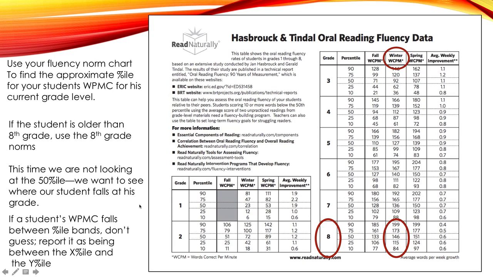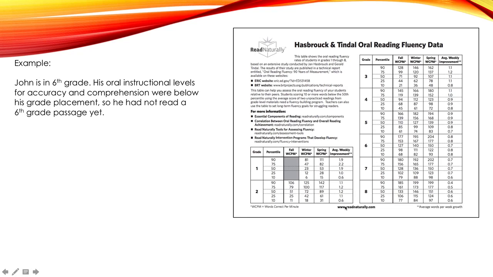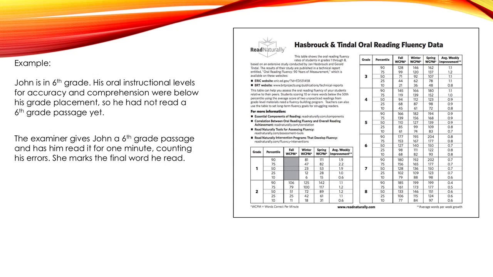So if where their fluency falls is between 2 percentile bands, we're not going to guess. We're going to actually state that it's between these two. So here's our example. John's in 6th grade, and his oral instructional levels for accuracy and comprehension didn't get up to 6th grade, so we have to administer a 1-minute CBA.